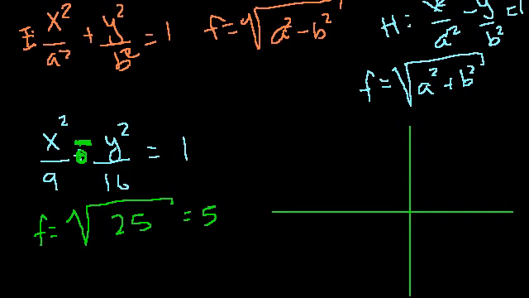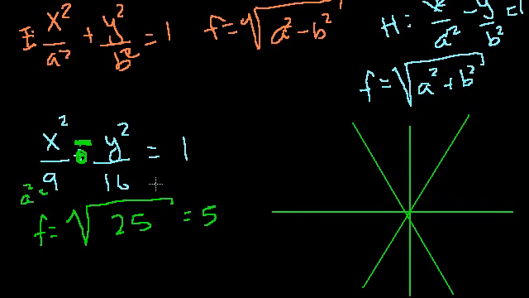So the two asymptotes, this is centered at the origin, it hasn't been shifted, are going to be fairly steep. It's going to look something like that and that. Those are the two asymptotes. The two vertex points are at plus and minus a. A is 3, right? A squared is equal to 9. B squared is equal to 16.